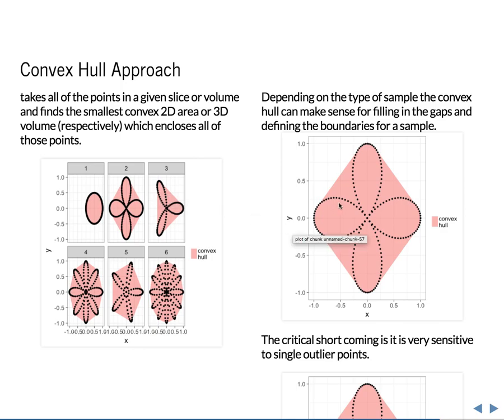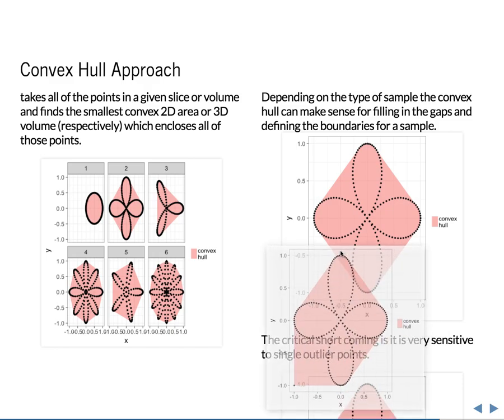The biggest problem with this technique, so it's very quick, it's computationally efficient, it's implemented in almost all of the tools that we use. So Scikit Image has it, KNIME has it, ImageJ, Fiji have tools that do this, is that it's very sensitive to single outlier points.